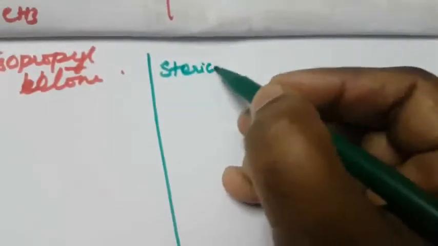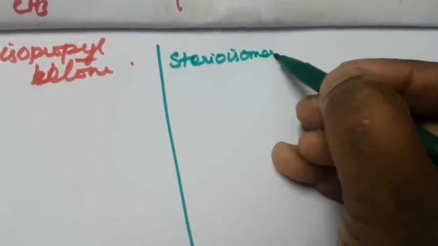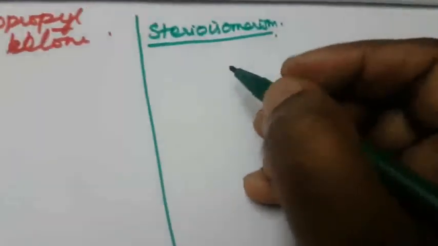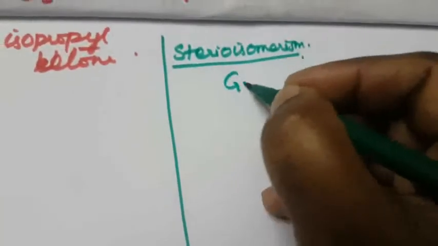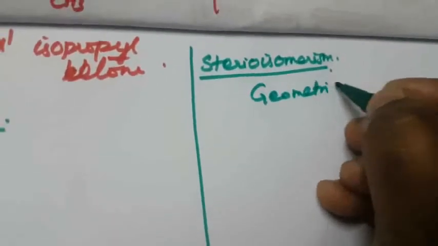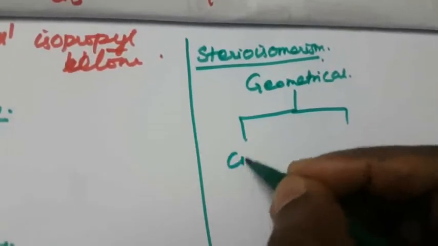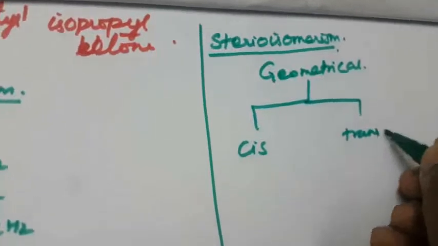Stereoisomerism is also called geometrical isomerism, and again it is called cis-trans isomerism. How to name?